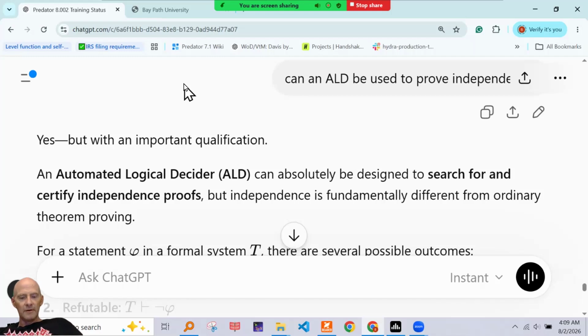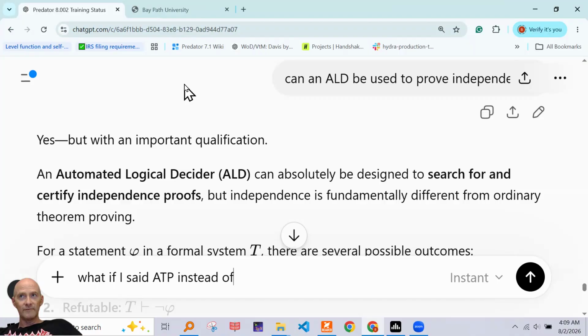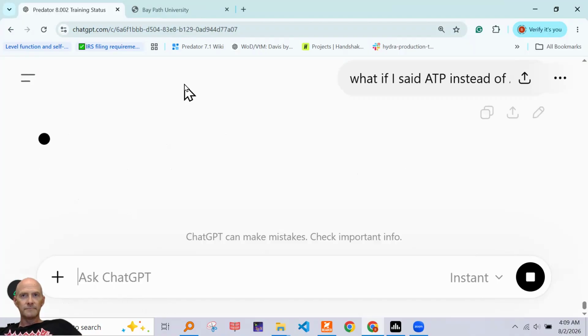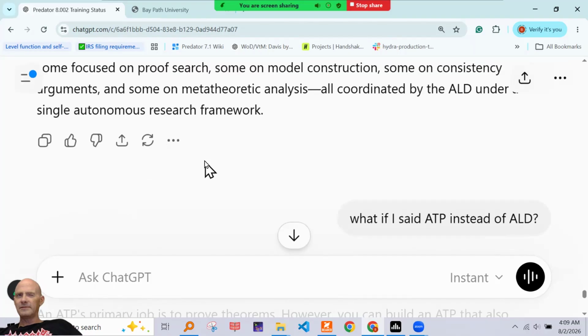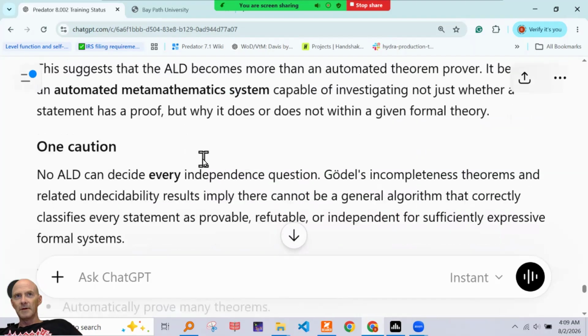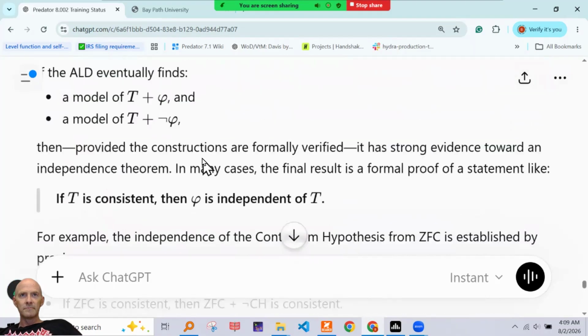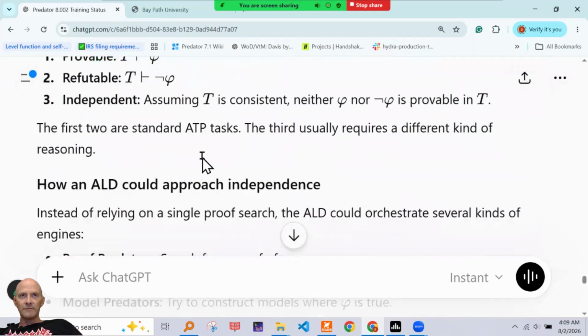The answer is no. What if I said ATP instead of ALD? Okay, well, yes, but in a narrower sense. Well, I think it's a no though, but whatever. Wow, that's a lot of information.